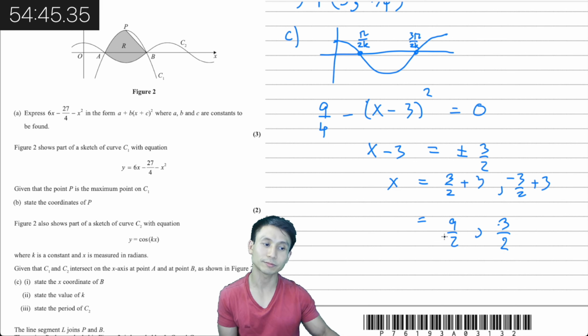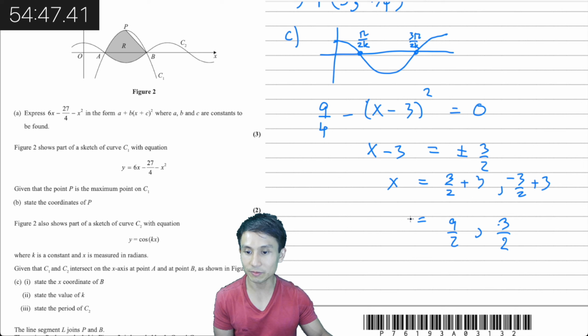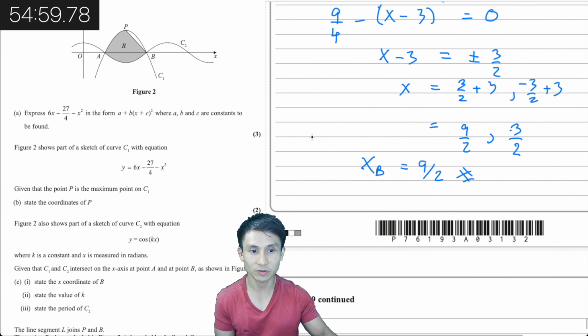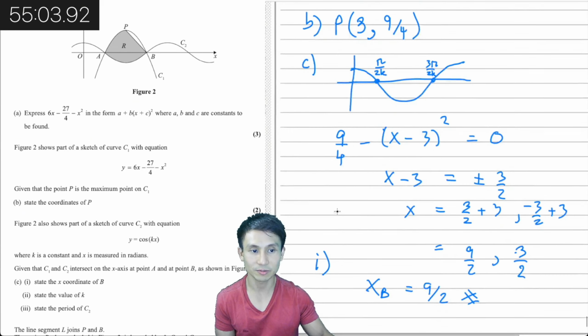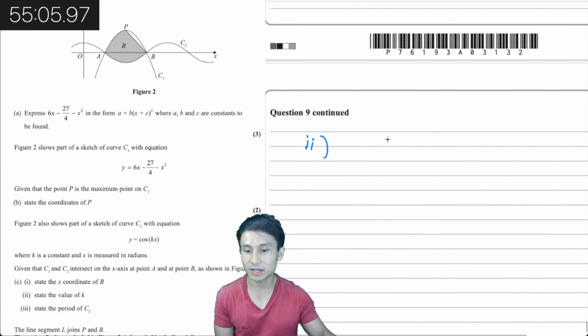Okay. So A and B are that. But we want B, which is further to the right. So the x-coordinate of B would be 9 over 2, because it's greater than the other one. So this is part C. State the value of k.